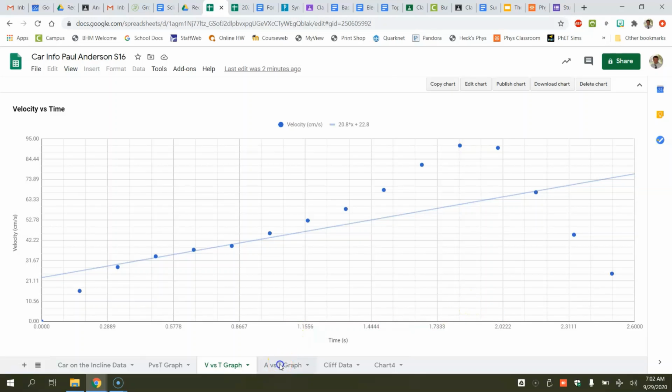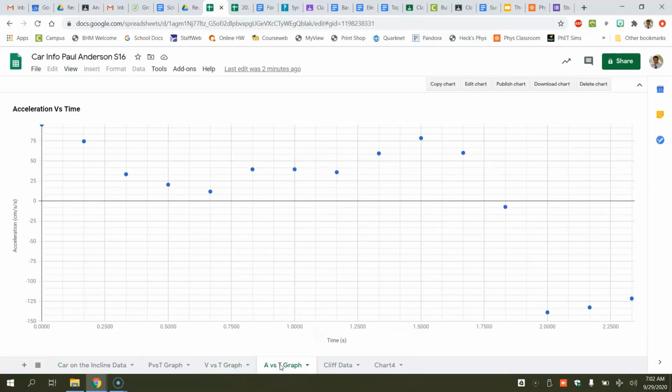Now when we look at our acceleration versus time graph, we're again looking for those 2 different acceleration points. What I'm doing is trending a flat area here. This would not be the acceleration, because we're looking for something about 50-ish based on what we just calculated for our slope.